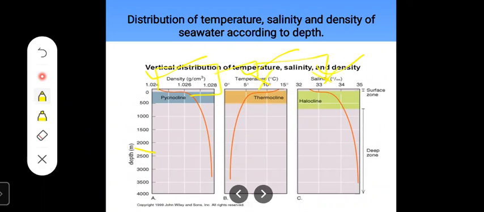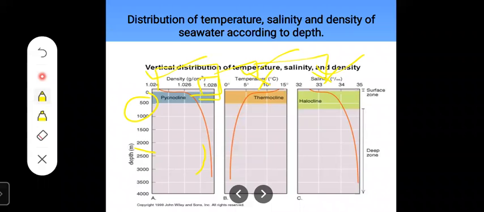So when the density has crossed 200 meter depth, see this arrow, the red line, here also the density will be the same. That is 1.028. This will be the density.